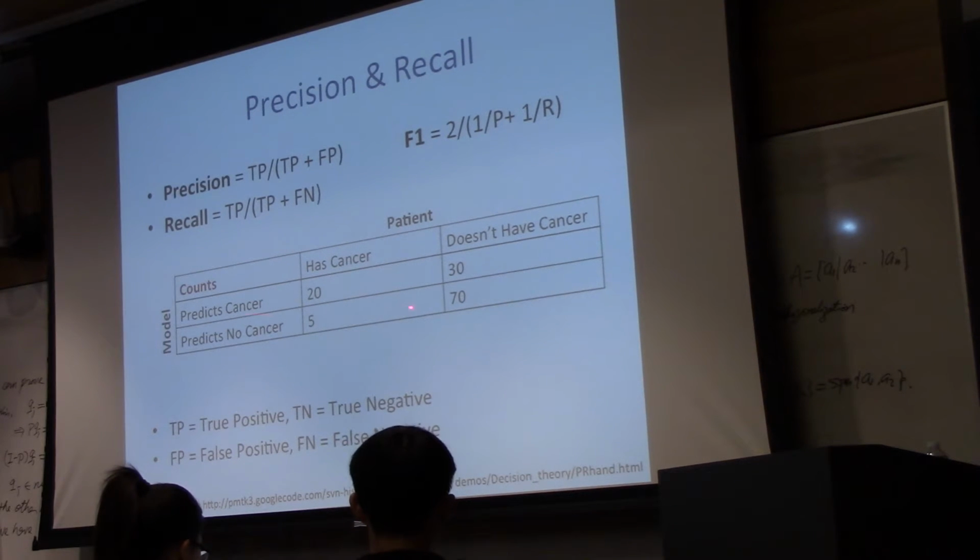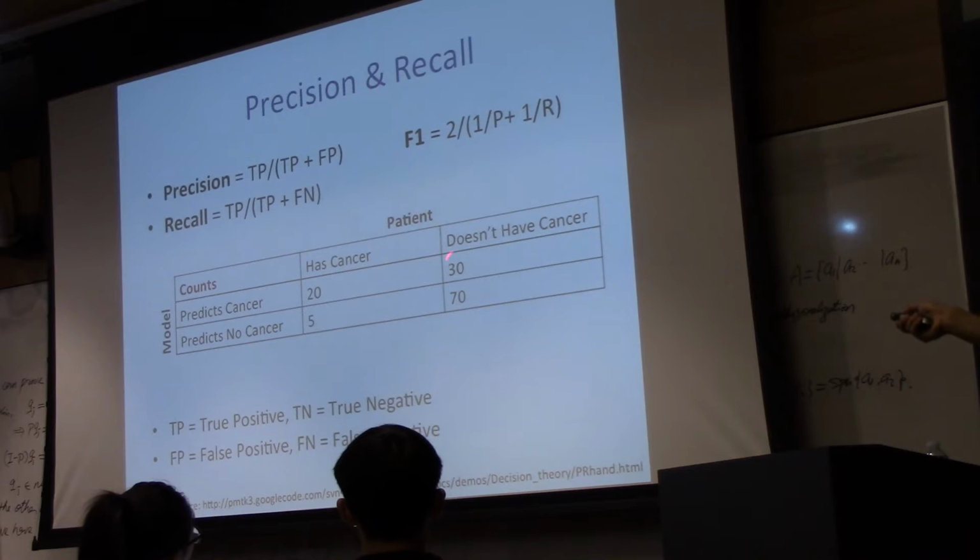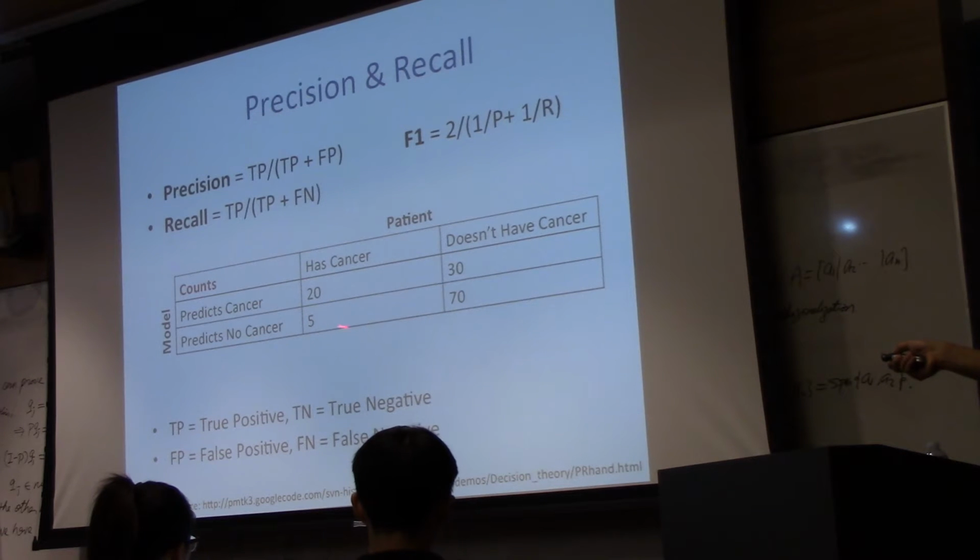Our model then predicts has cancer for these and no cancer for these. This is also known as a confusion matrix. These are called true positives. These are called false positives. These are called false negatives because our model predicts a negative, but it's actually not a negative, it's a positive. And these are called true negatives.